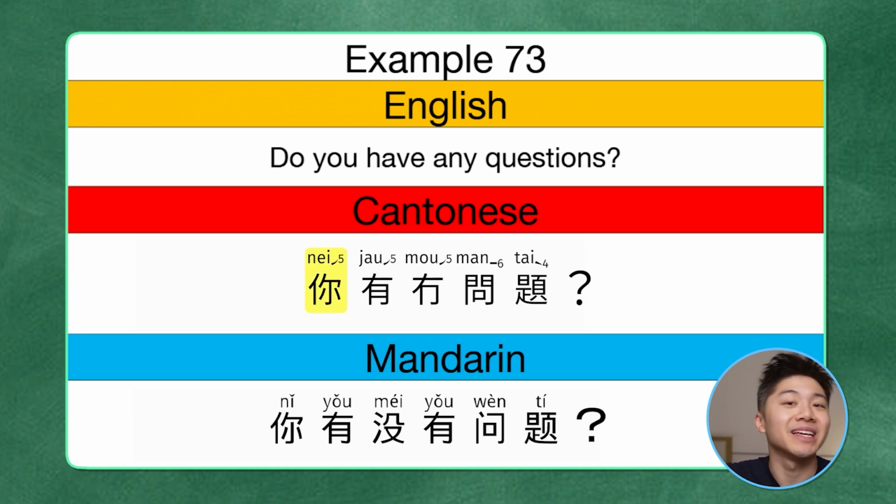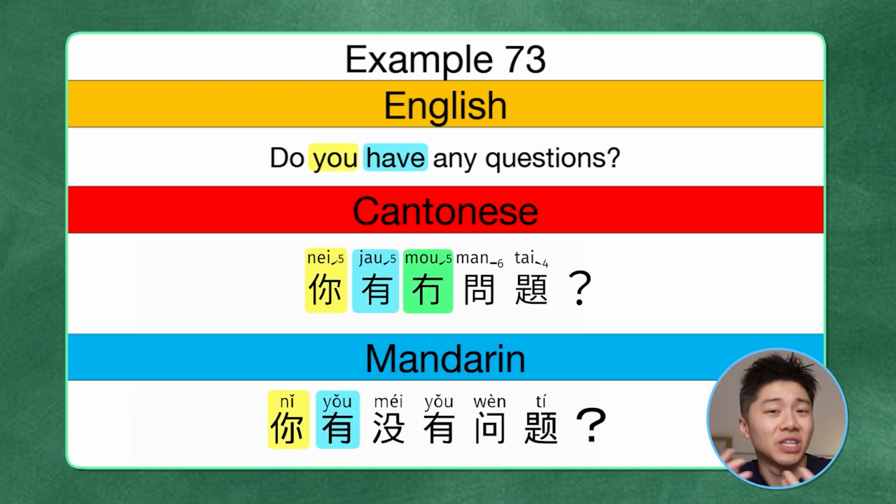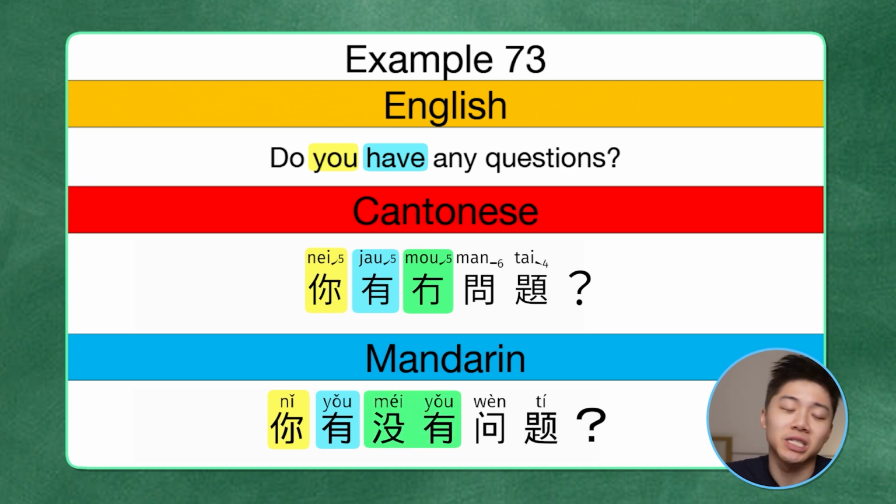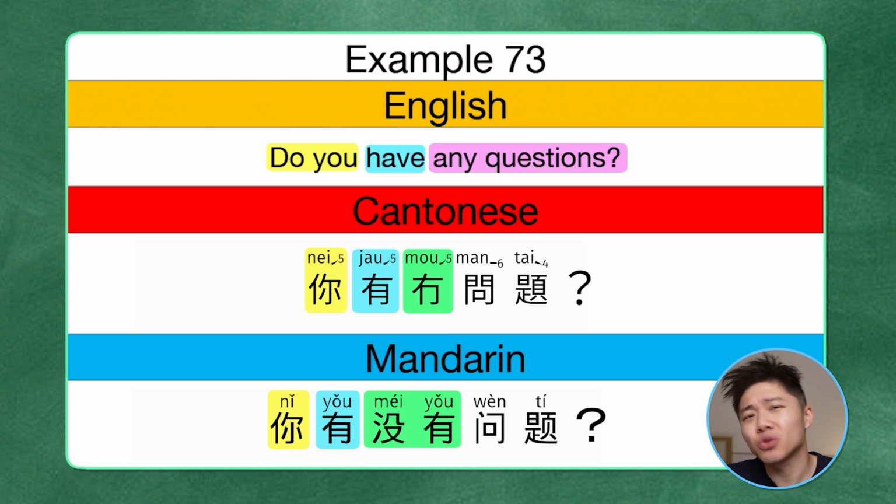Let's break it down. 你 is you in Mandarin. 有 means to have in Mandarin. 冇 means to not have, in Mandarin 沒有. So in Chinese, a very commonly asked question is, do you have it or do you not have it? 鍾唔鍾意? Like it or not like it? 食唔食? Eat or not eat? Have or not have? So do you have any questions or do you not have any questions? You have or have not? You have or do not have questions? It's kind of the way we ask questions in Chinese.